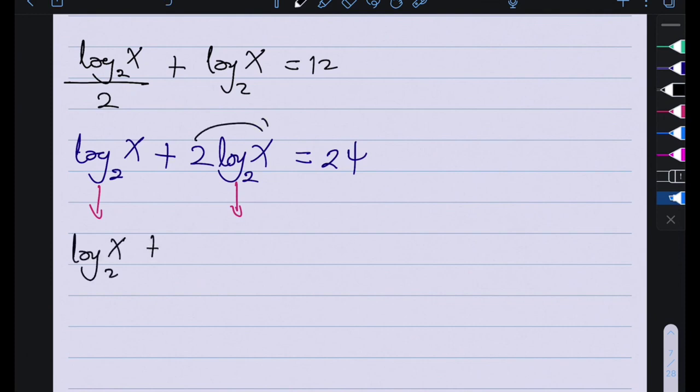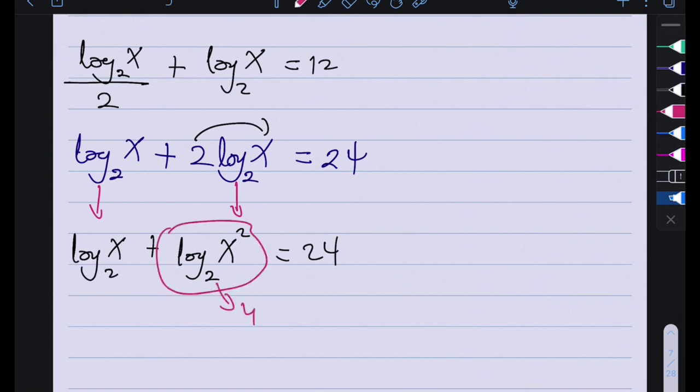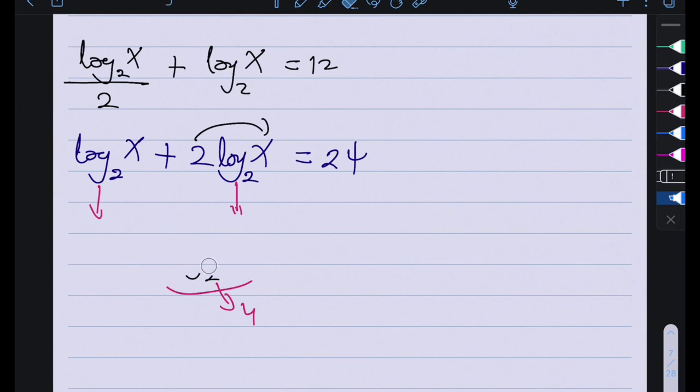This 2 has to go back. So we have log x squared base 2 is equal to 24. If I do this, what can we do? Well, it wouldn't really work because we cannot call this u squared. So I'll just clean it. I was trying to see if something will work out for us, but clearly it doesn't work.